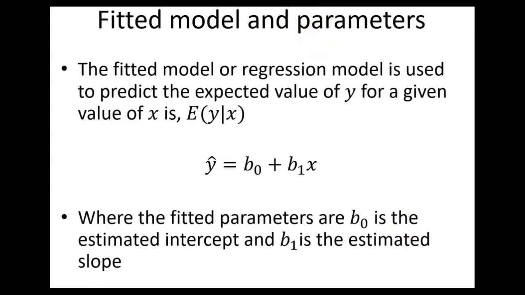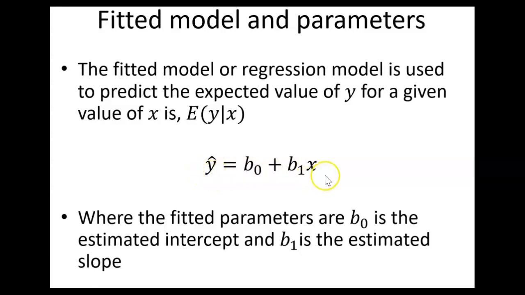What we're going to be doing is estimating those unknown parameters given our data. So the book talks about a fitted model, or the actual regression model. The notation for that is that we use lowercase b's to replace the betas. Y hat represents a predicted value of y.